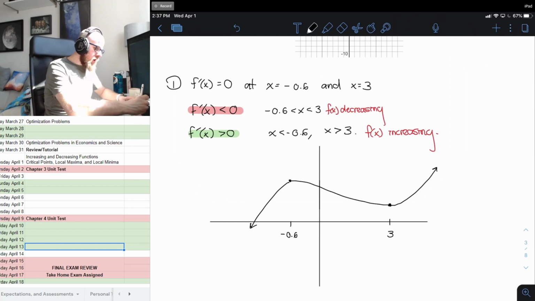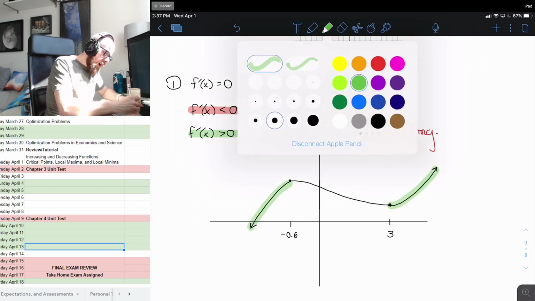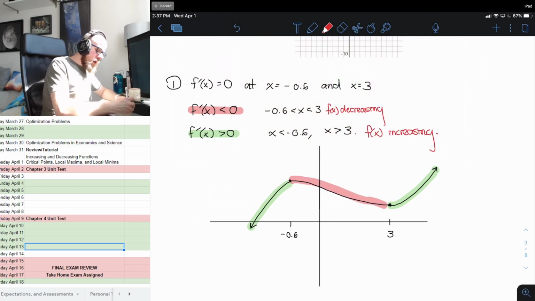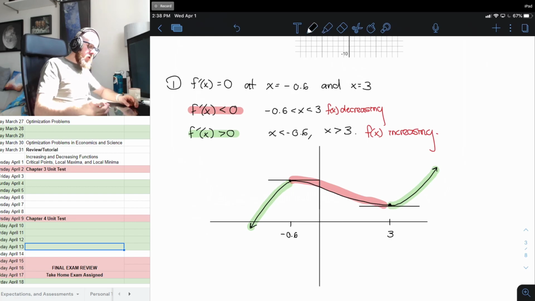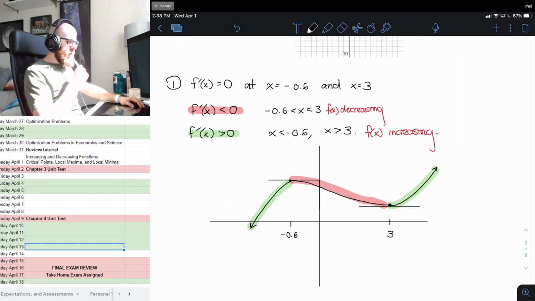Again, I am increasing here, and increasing here, and decreasing in the middle. And then at the two critical points, my slope is 0, so at those two points, I'm neither increasing nor decreasing.